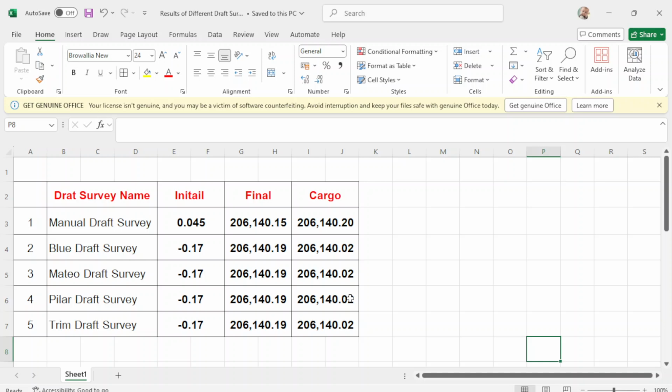What is important is the answer is correct. And you should have confidence with your draft survey. So I suggest that you make a form like this so that you can distinguish if your draft survey has a big difference or not. With this example, I would say that all these draft surveys are accurate.